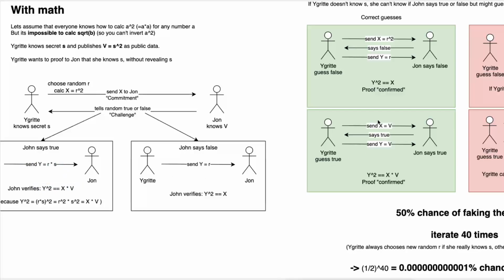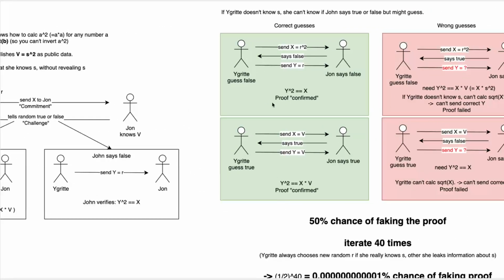And for that, she just sends v as the original commitment, the x, because if she can then send y equals v again, and now y squared is just x times v, because x is v and everything is v. Basically, v squared is v times v. So this again checks out for John, and she got away with it, so to speak, if she guessed correctly.